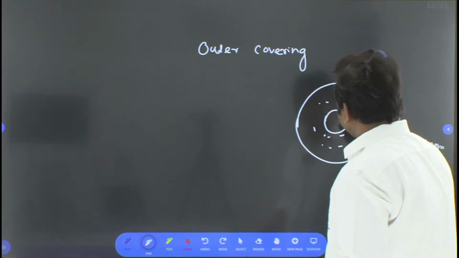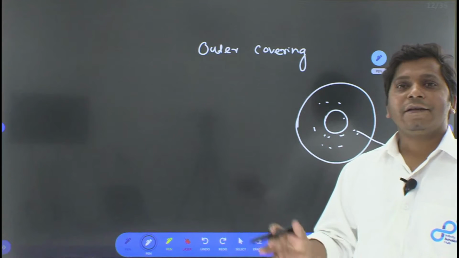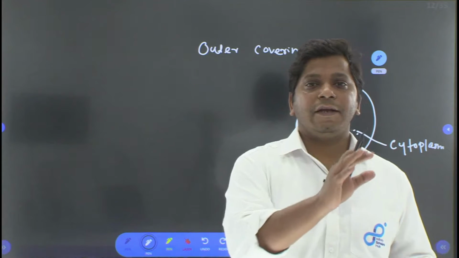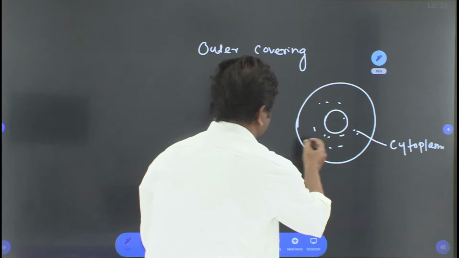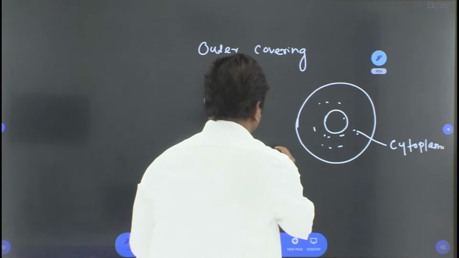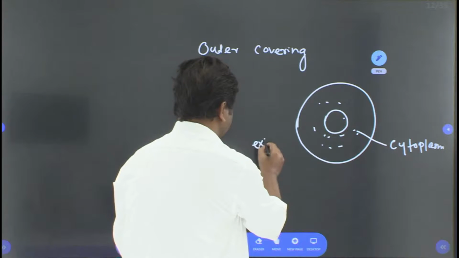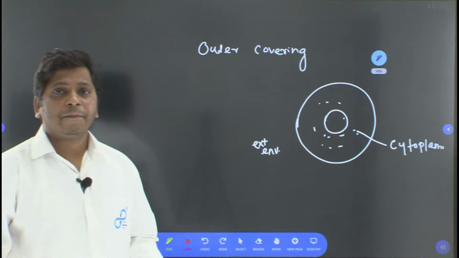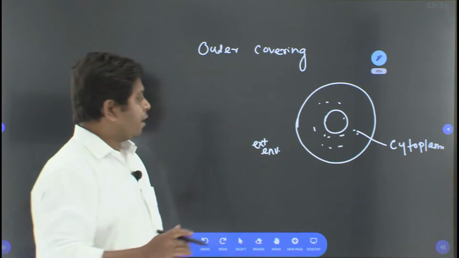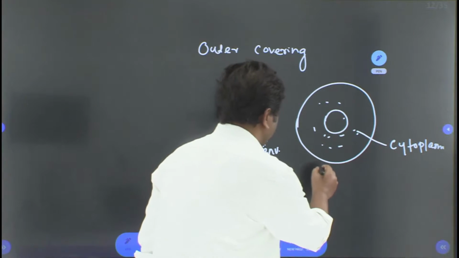The contents of the cell are separated from the external environment. Whatever contents you can see here, they are separated from the external environment. This part is the external environment, and it is separated by a membrane, and that particular membrane is called the cell membrane.